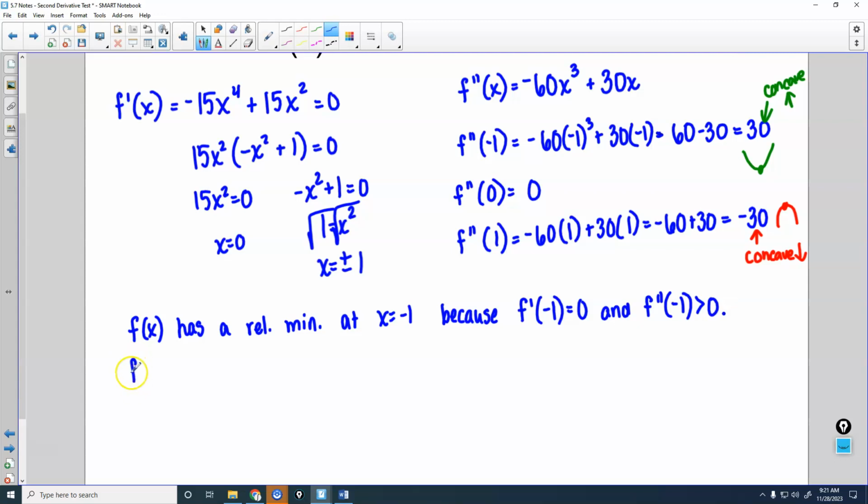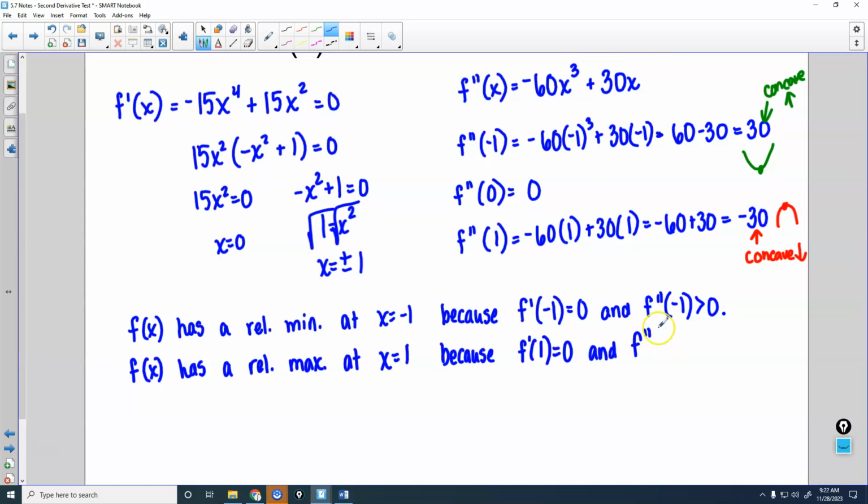We could also say f of x has a relative maximum at x equals positive 1, because f prime of 1 equals 0, and f double prime of 1 is less than 0.